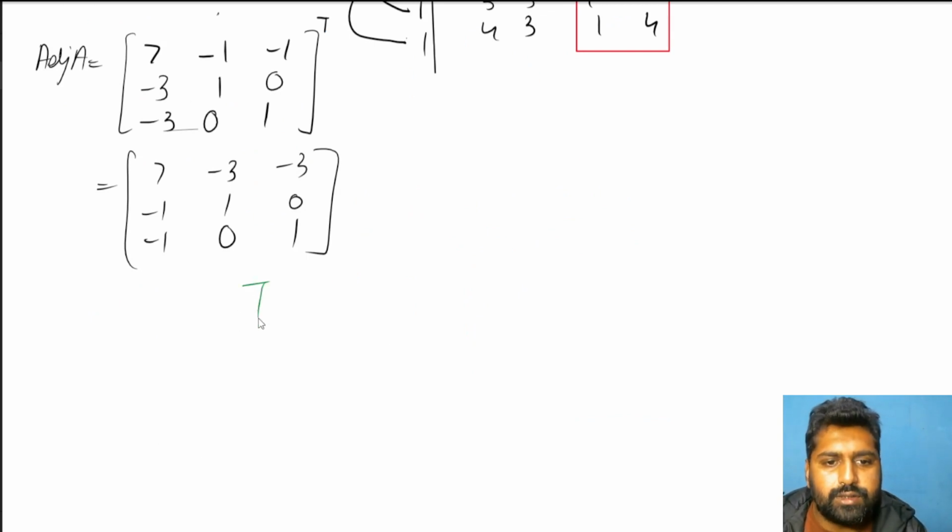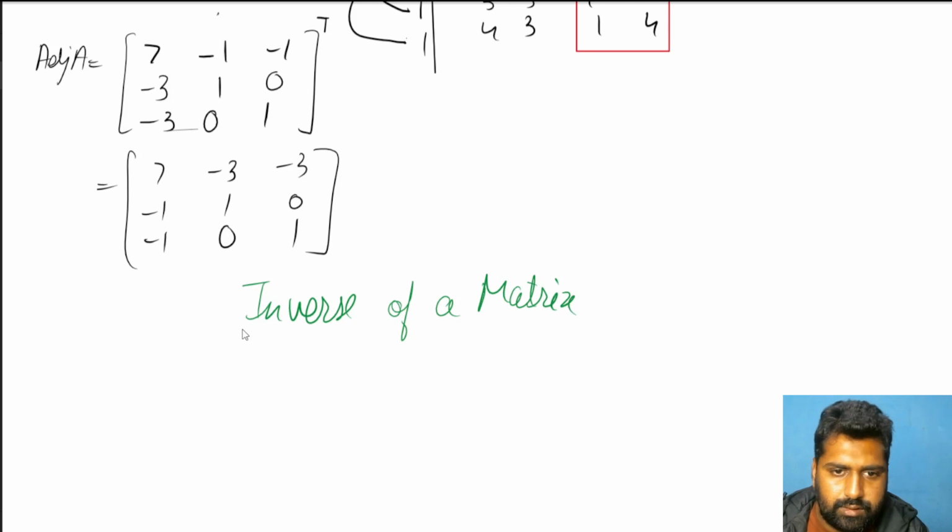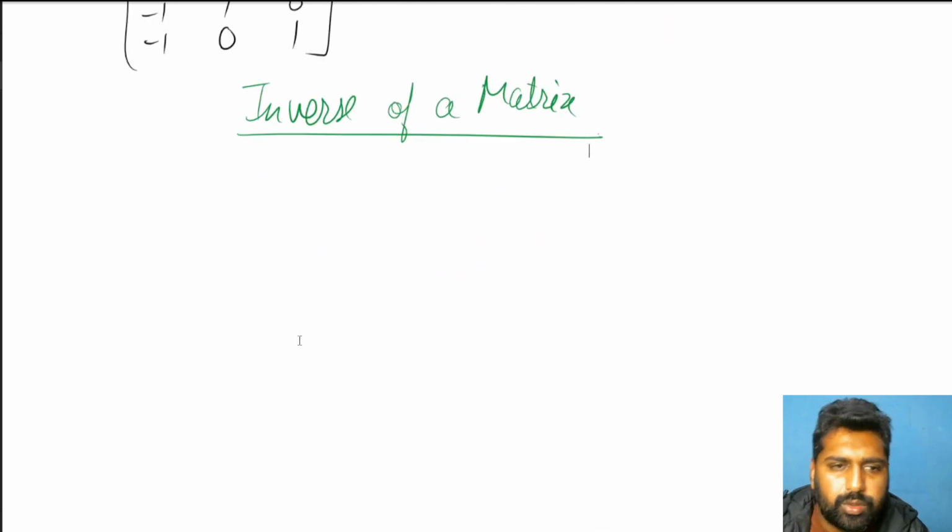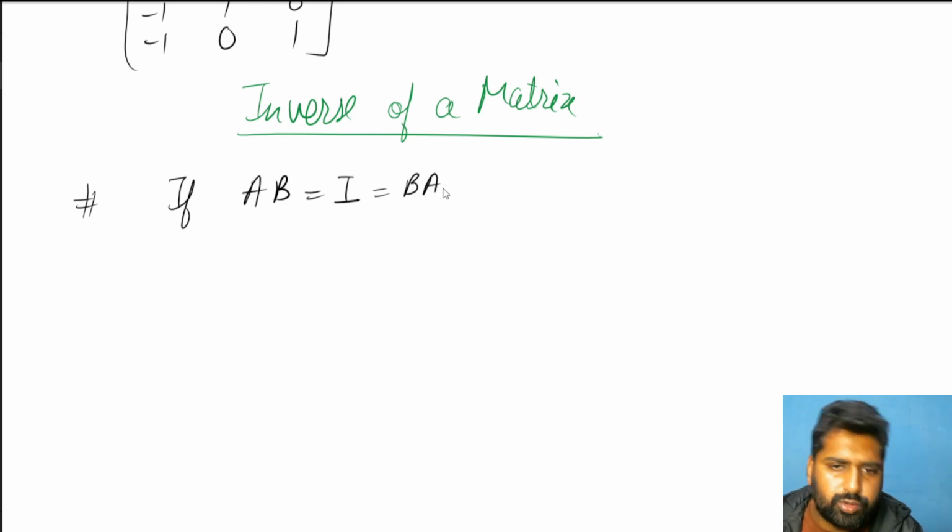First of all, I'll have to tell you what the inverse of a matrix is. Suppose you multiply A with B and it results in I. AB is equal to I, or B multiplied by A, you pre-multiply or post-multiply, it doesn't matter whether you do AB or BA.